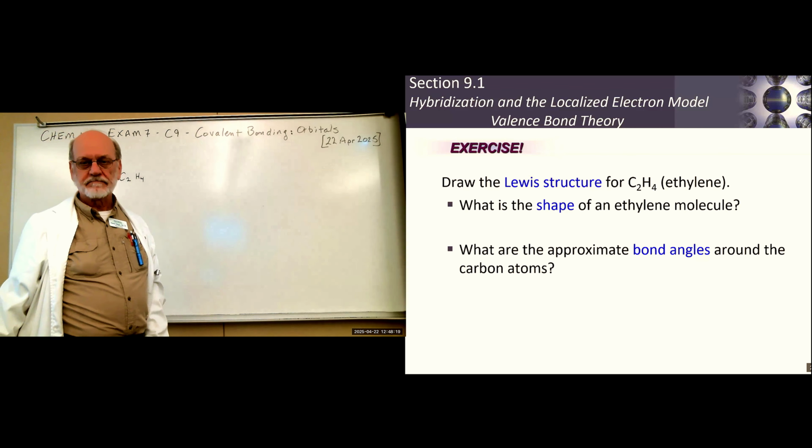So 2, 4, 6, 8, 10. We have 2 electrons left over. Well, if we put the 2 electrons here, that gives this carbon an octet, but that one doesn't have one. So what we normally would do is take those 2 carbons and make another bond out of it. So now both carbons have an octet, all the hydrogens have their duets. So that's our Lewis structure.